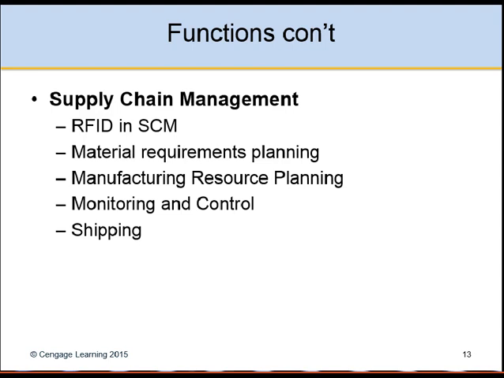The master production schedule specifies how production capacity is to be used to meet customer demands. Monitoring and control use information systems designed to control manufacturing processes as well as monitor them. Controlling processes helps ensure quality.